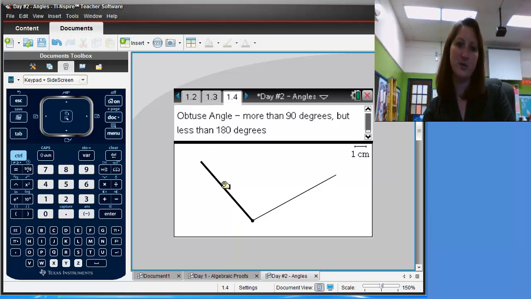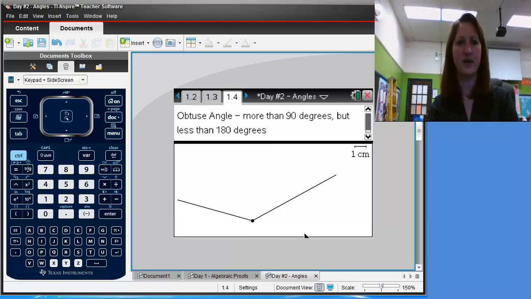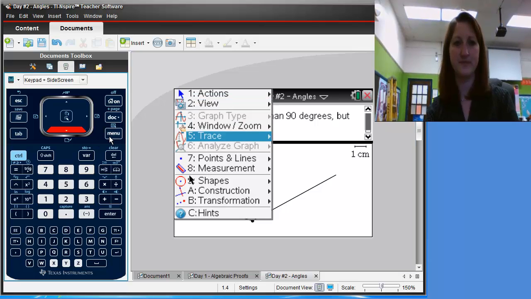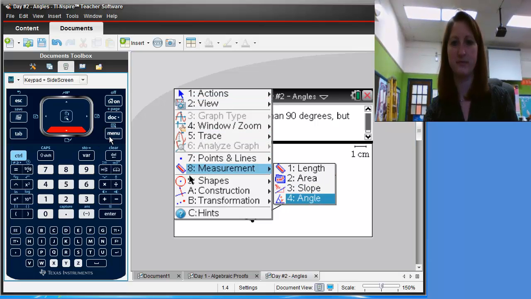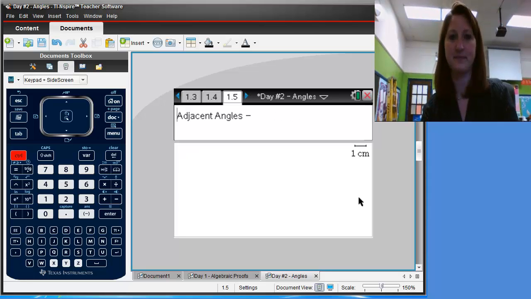So if 90 is here, we want to go more than 90, but less than 180. Once you get a straight line, you want to go a little bit less than that. So right around there looks good. Then we'll measure it to make sure. Measure the angle. Again, click on 3 points. And you should have an angle that's more than 90, but less than 180.